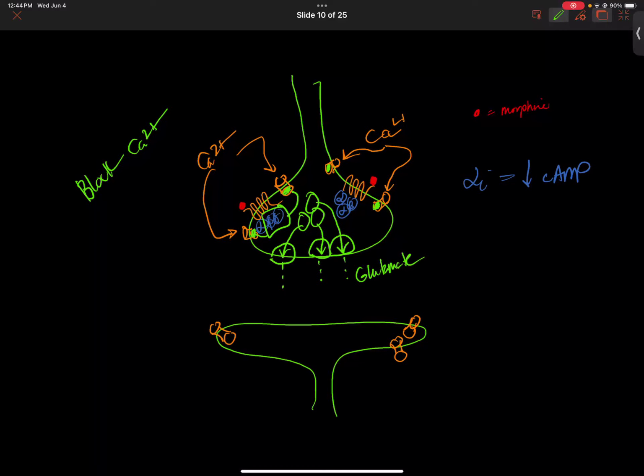If glutamate isn't released, then there is decreased or little to no neurotransmission. No glutamate, no neurotransmission. Okay.